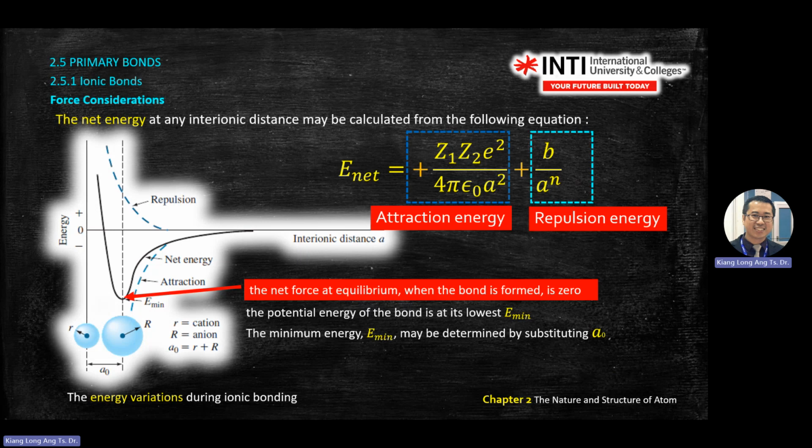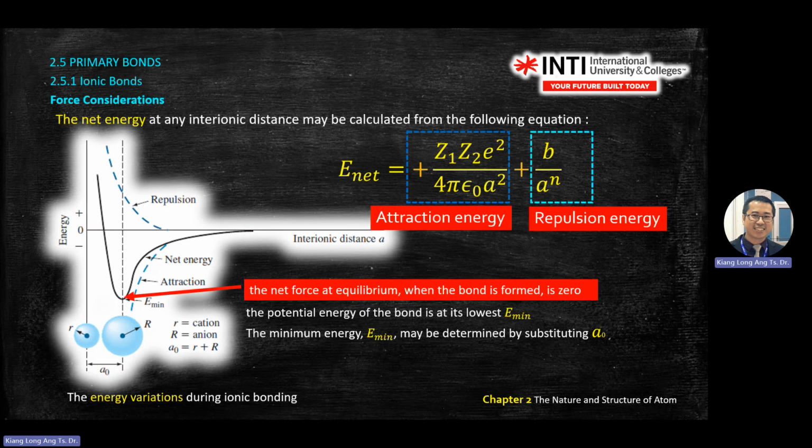Okay, this statement is important. Potential energy of the bond is at its lowest, minimum, at equilibrium. So equilibrium is here. Sorry, at here. So minimum. This is net. So this is energy minimum when it becomes equilibrium.